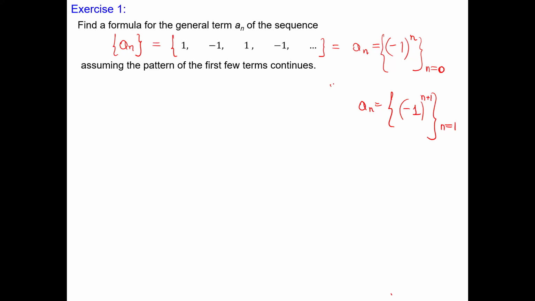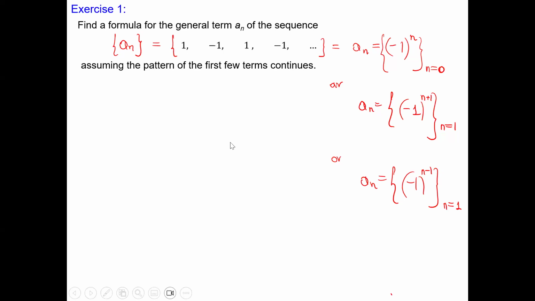Or, be flexible with this, if we would like to still start with 1, I can say negative 1 to the n minus 1. We have to be careful with minus and the initial point because we don't want to end up with a negative exponent, but n minus 1 is fine, 0. All of them are the same. You may notice all of them are the same because when we start expanding them, we get this.